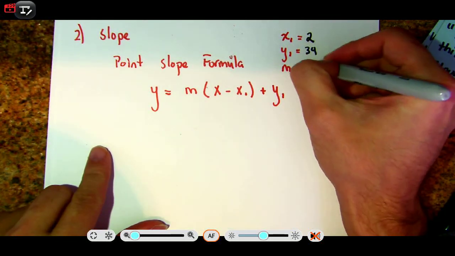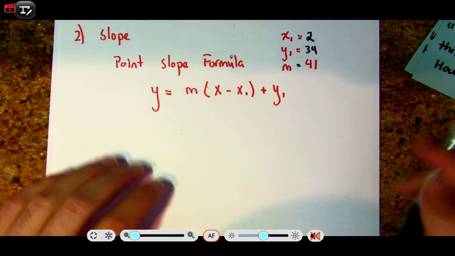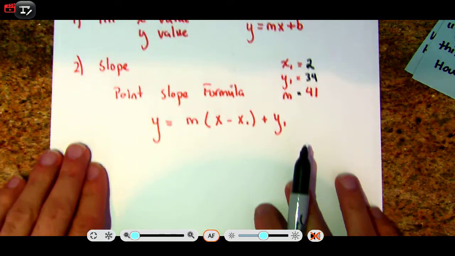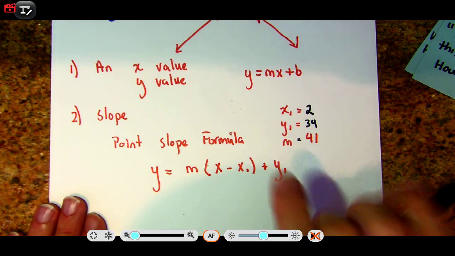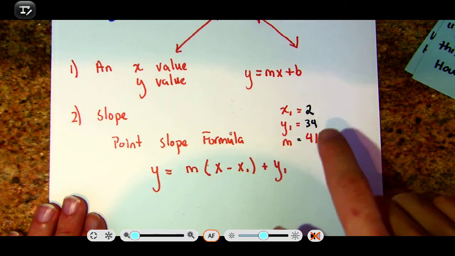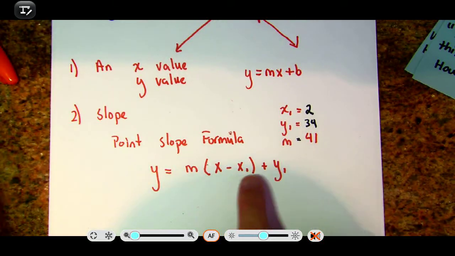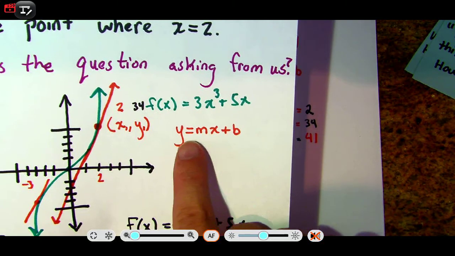So all we need to do is just plug in these values into our point slope formula, because what this point slope formula does is it says, hey, you give me a point, you give me a slope, and I will create the equation of this line, because the equation of any line will be represented as y equals mx plus b. So then here we go.